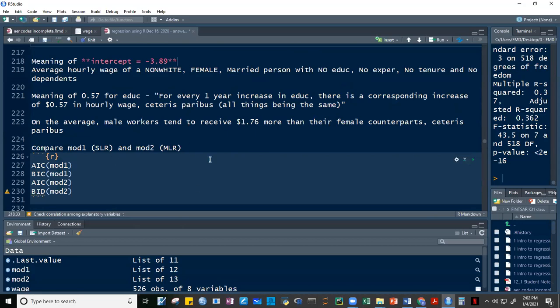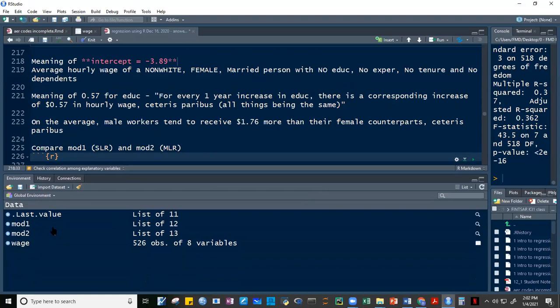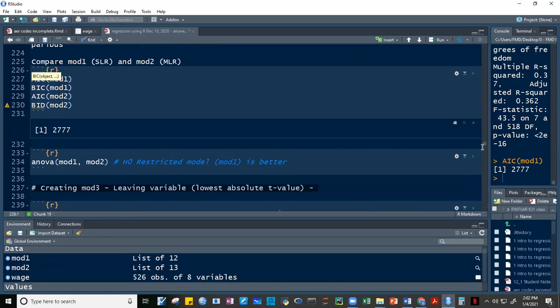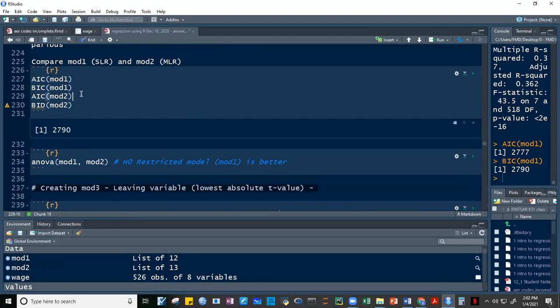Okay, so let's compare model 1, yung simple linear regression natin, hourly wage regressed on education, and model 2, where ginamit natin lahat ng variables natin. We can compute the AIC of model 1, 277, and compare natin sa model 2, which is 2641 versus 277 kanina.